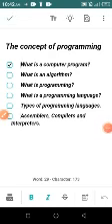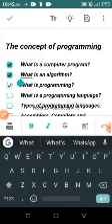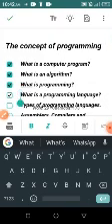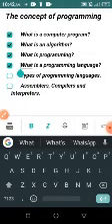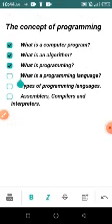The computer works strictly on binary code, zeros and ones. So in order to pass these instructions to a computer, we need to use a programming language. Get that? We need it to pass instructions to a computer. So what is a programming language? A programming language is simply a language designed to communicate instructions to a computer.